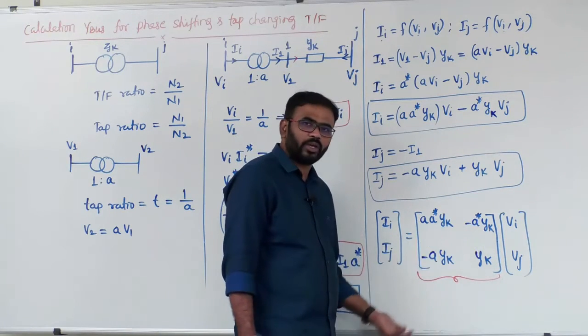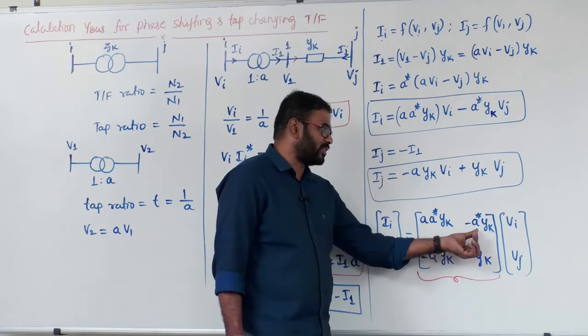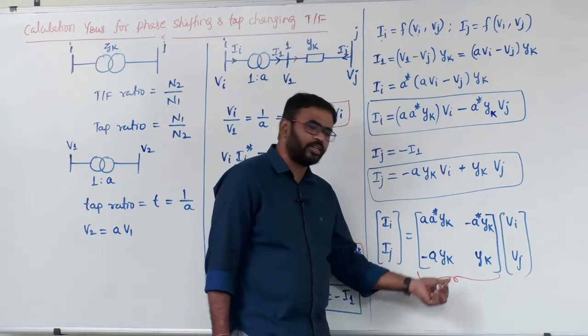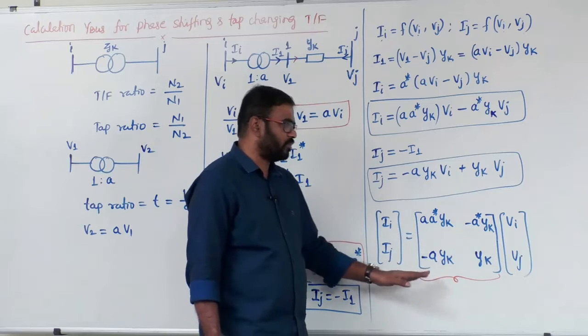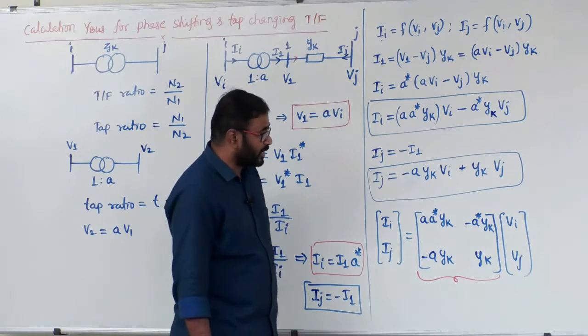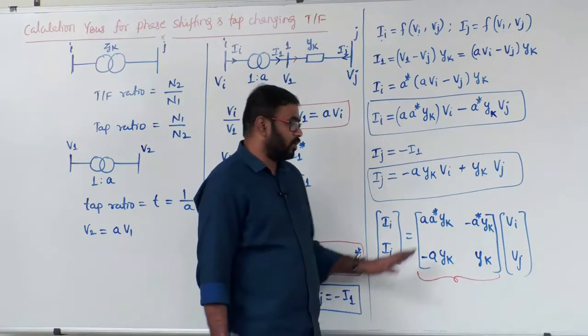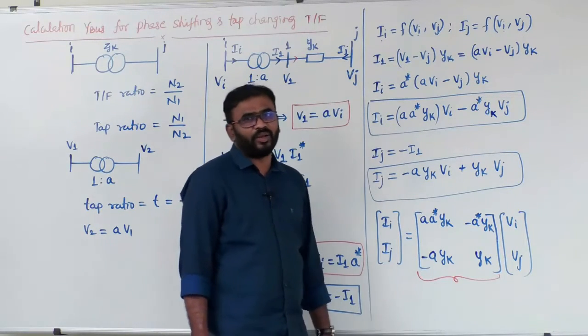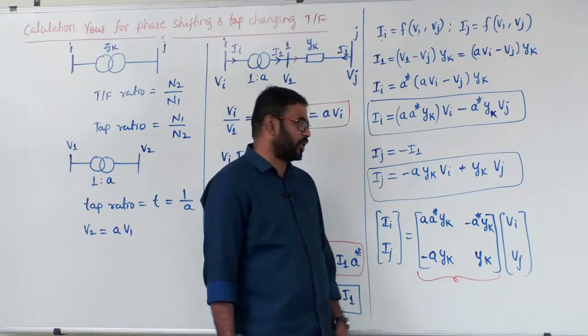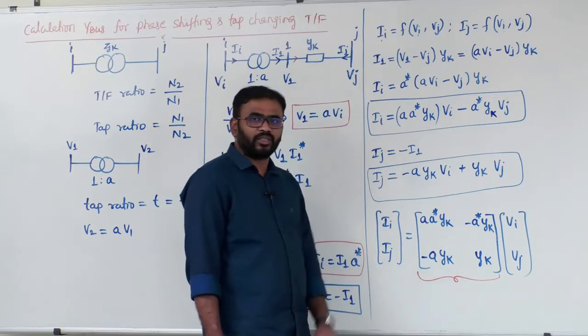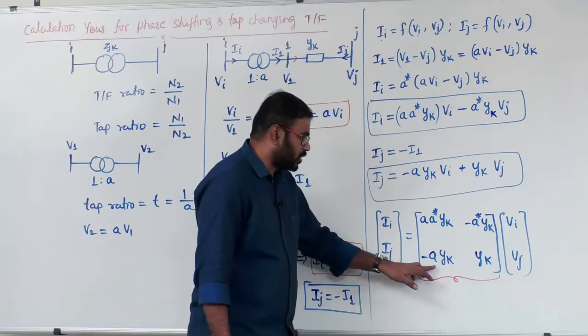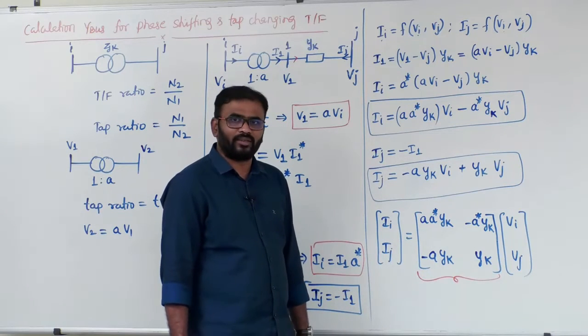A conjugate equal to A, that means here minus A into Yk, here also minus A into Yk, these two are same. So for a tap changing transformer, Y bus remains symmetric. But for a phase shifting transformer, Y bus loses the symmetry because Yij is not equal to Yji.